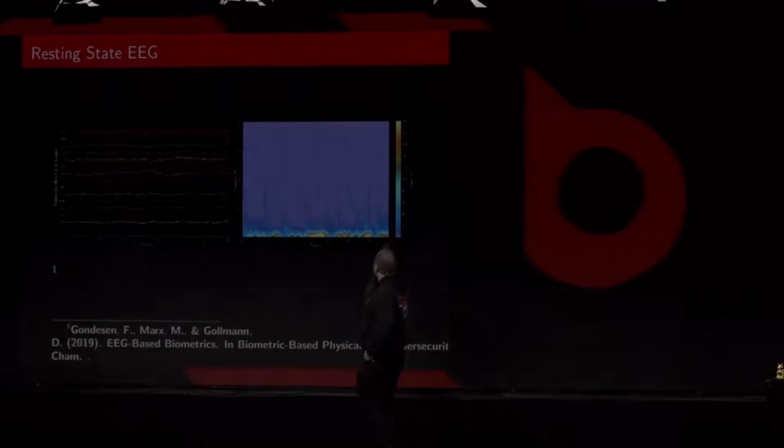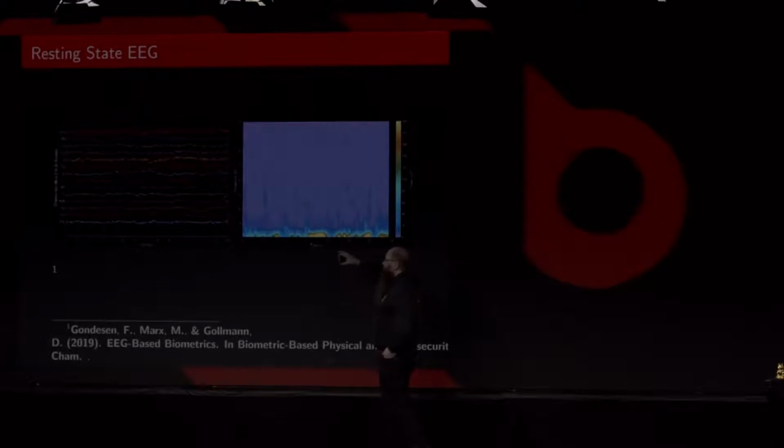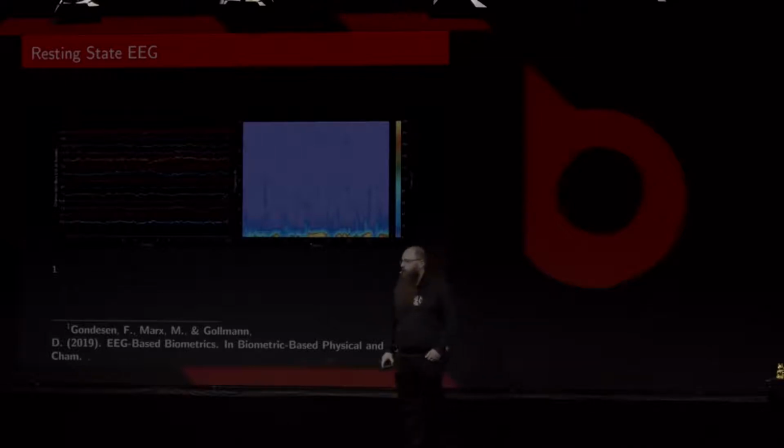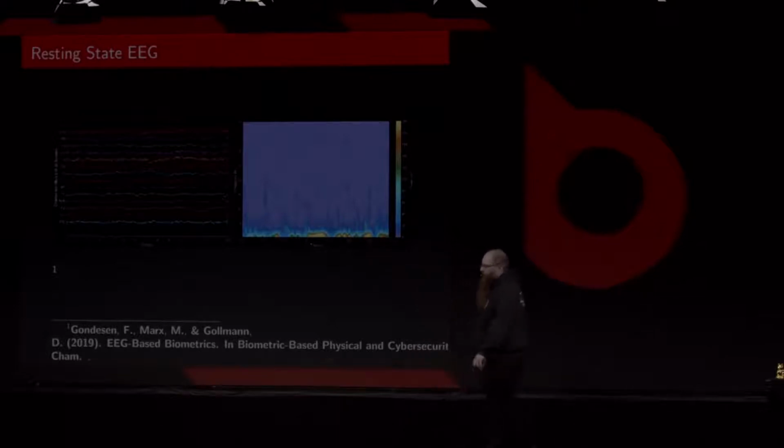And here we also have 14 seconds, and this is basically computing spectra for different time slots. So you see the development of the spectrum over time. And what you see here is one of the things that make it difficult. Most of the signal power is in the range below 5 hertz.